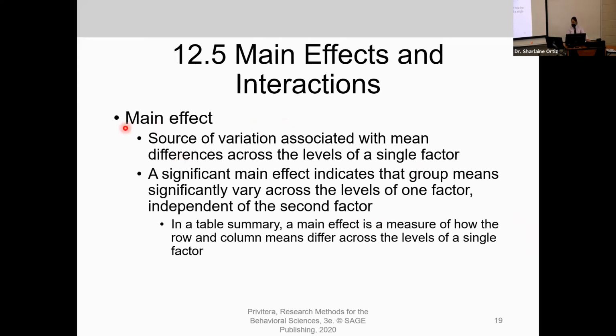If I run my statistic and it comes across as significant, what a significant main effect can try to tell me is that the group means significantly vary across the levels of the one factor, independently and without necessarily the influence of the second factor.